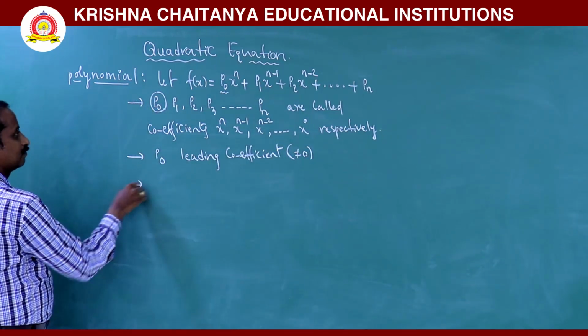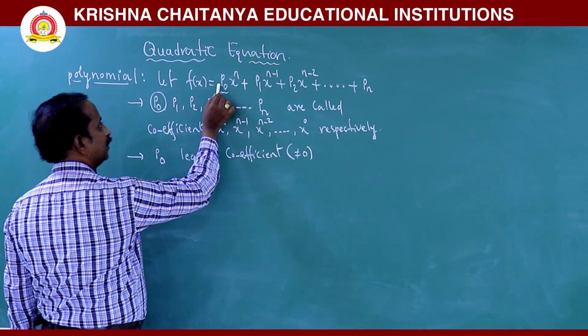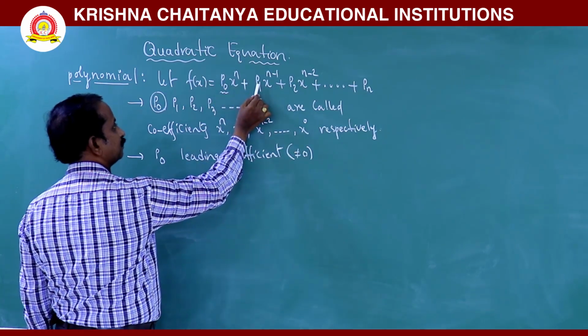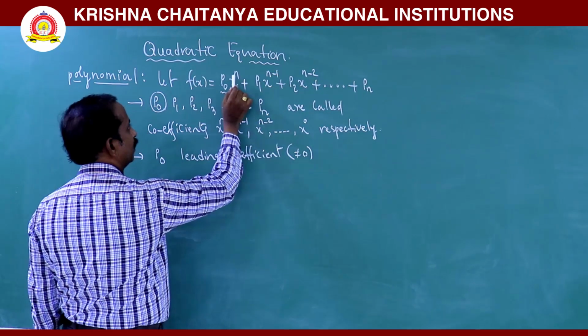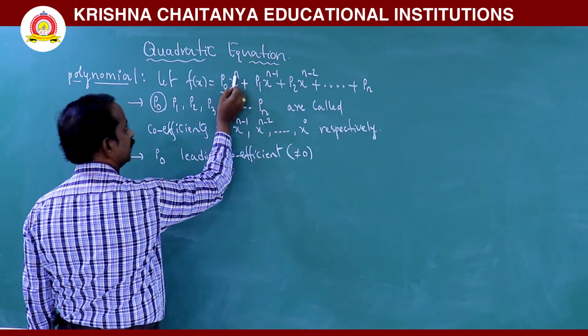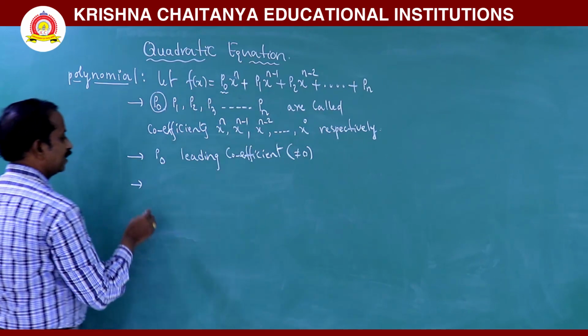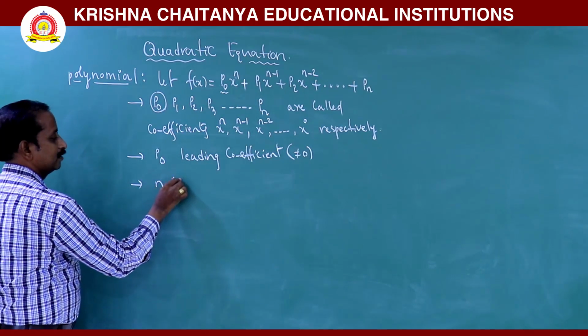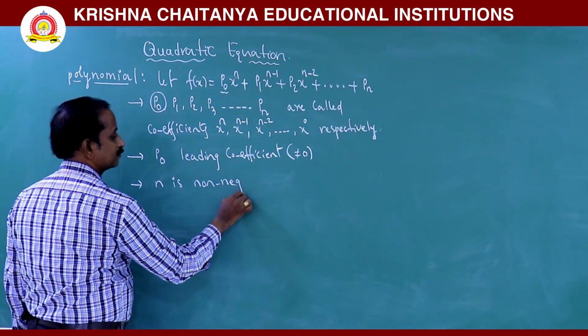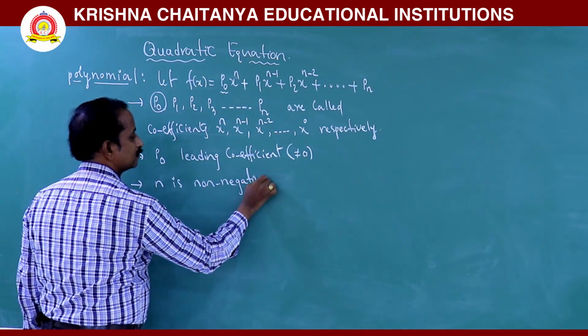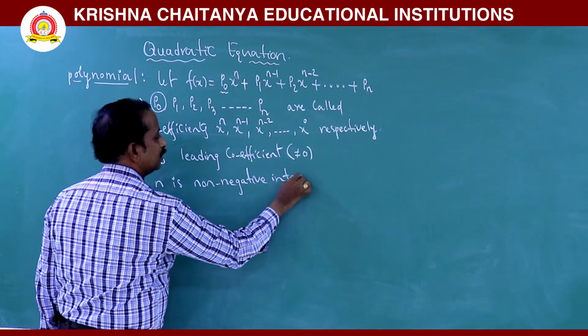Next, in p naught into x power n plus p1 into x power n minus 1 and so on, here n is a non-negative integer.